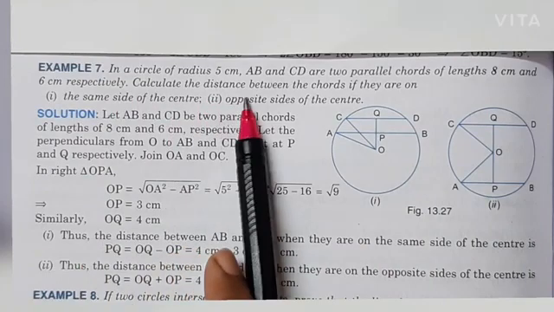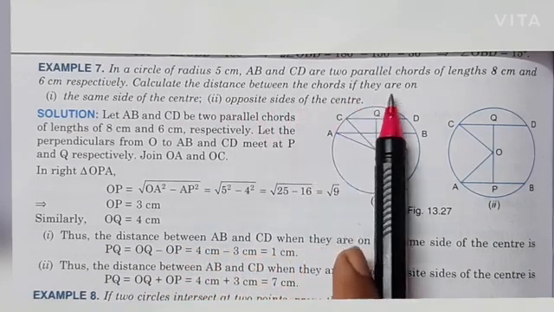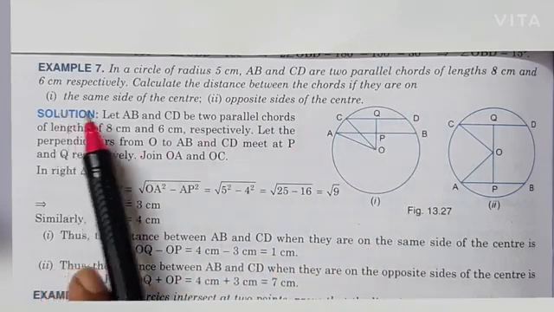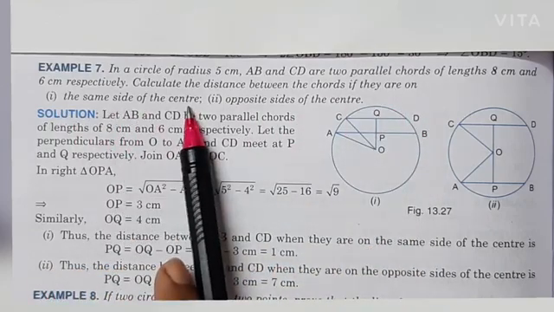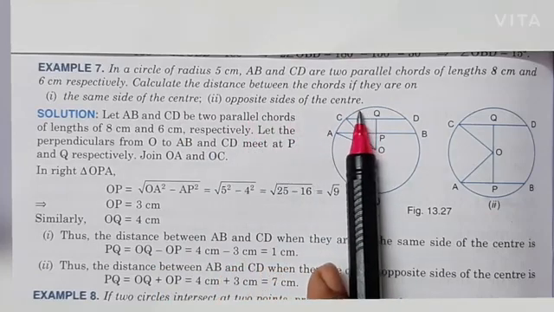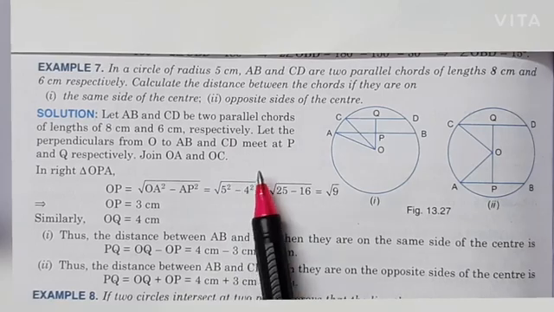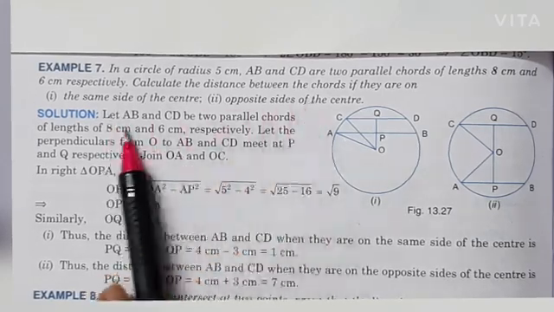Calculate the distance between the chords if they are on the same side of the center and opposite side of the center. Students, this is a very important example. Now let us discuss both the parts one by one.